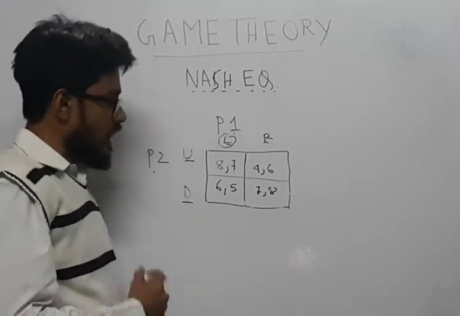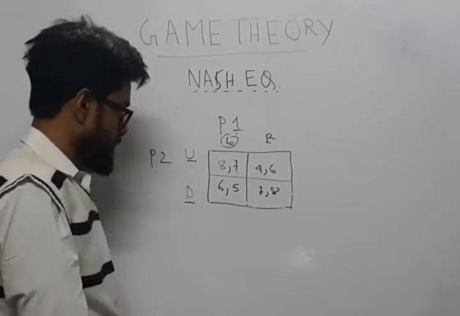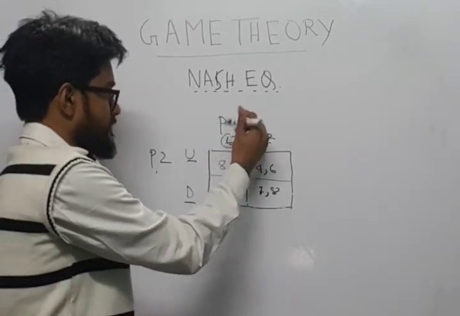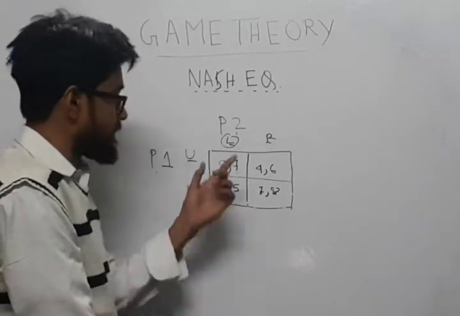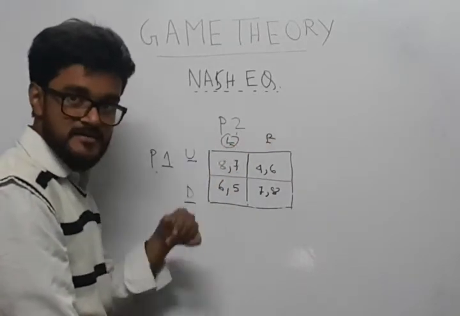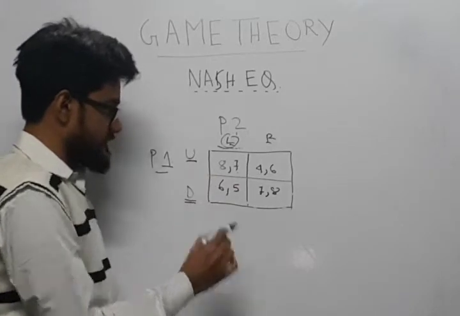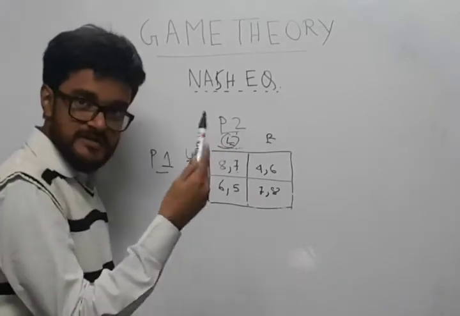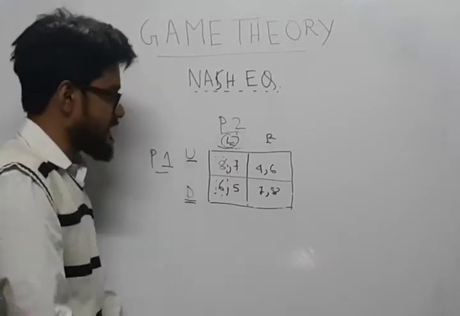Now, how do we solve a Nash equilibrium problem? In order to do this, first, for player 2, player 2 can either choose L or R. Let's say initially player 2 chooses L. Then player 1 can either choose U or D. We'll take the first column, that is 8 and 6, and compare between them.